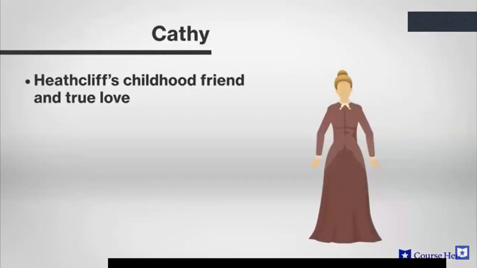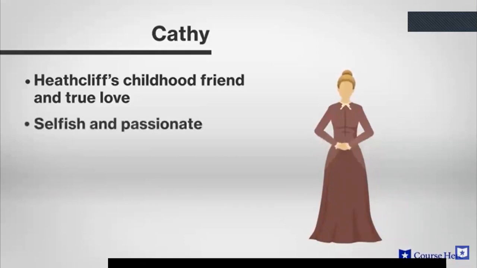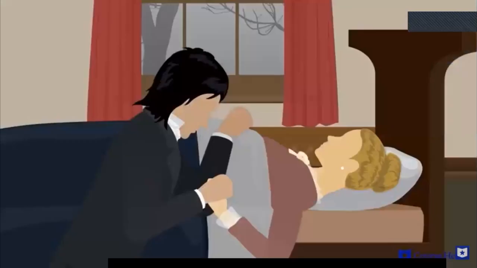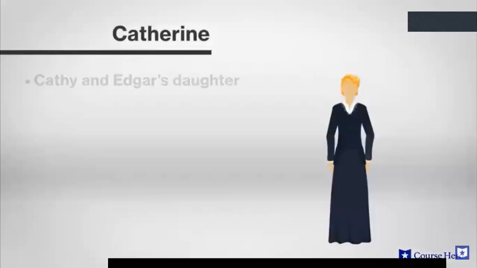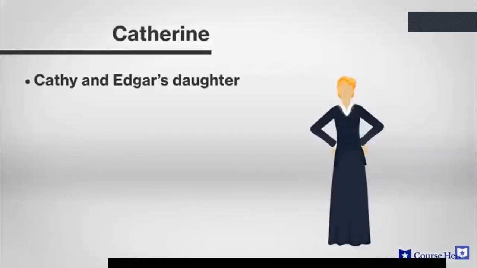Cathy is Heathcliff's best childhood friend and true love. Selfish and passionate, she goes mad when she goes against her heart and soul and chooses Edgar Linton over Heathcliff. She dies young while giving birth to her only daughter, Catherine, and her memory and ghost haunt Heathcliff for the rest of his life. Catherine, Cathy's daughter with Edgar, is a kind, sweet young woman, unlike her mother.